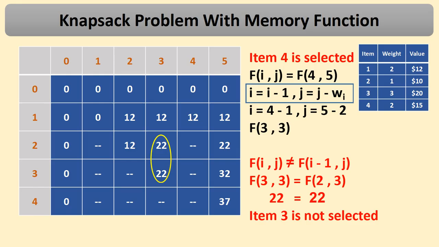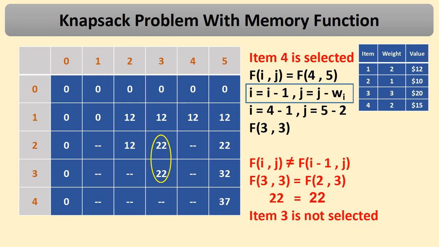Now check the elements present in these positions. The element in f of 3 comma 3 is 22. Next, f of 2 comma 3 is also 22. They are equal. That means they are not satisfying the condition.